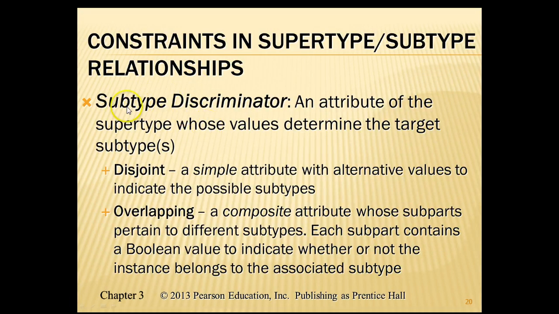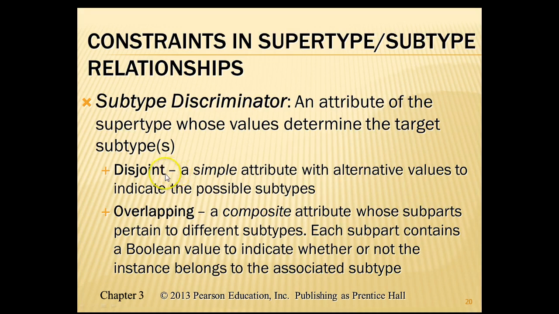So there's also a subtype discriminator, which is an attribute inside the supertype that will determine which subtypes beneath it are also going to be associated with that entity, the entity type of that supertype.